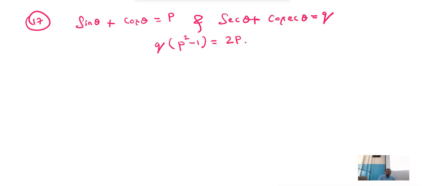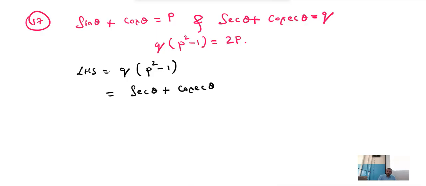It's very easy, we just have to substitute. We did one sum in the first step, x and y. Remember? Same thing. So let's take the LHS: Q into (P square minus 1). What is Q? Secant theta plus cosecant theta.